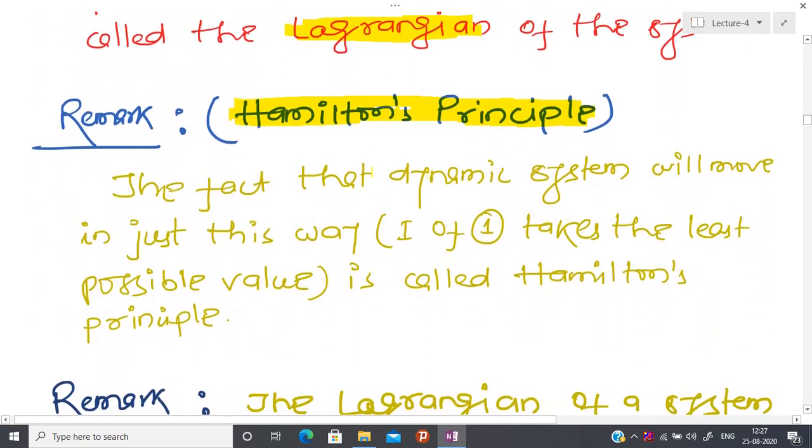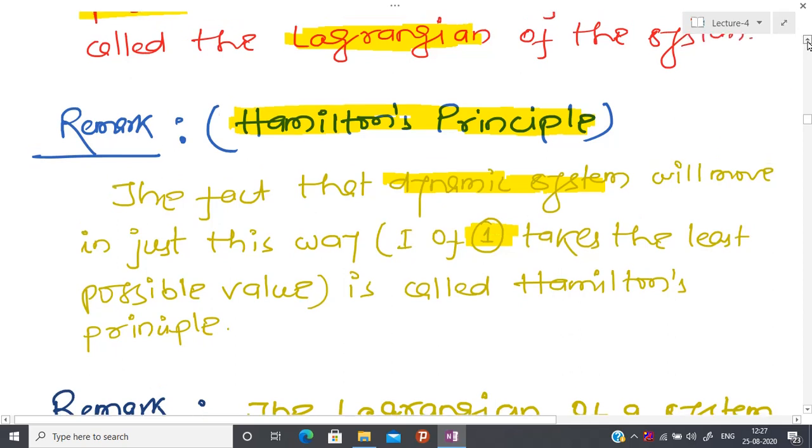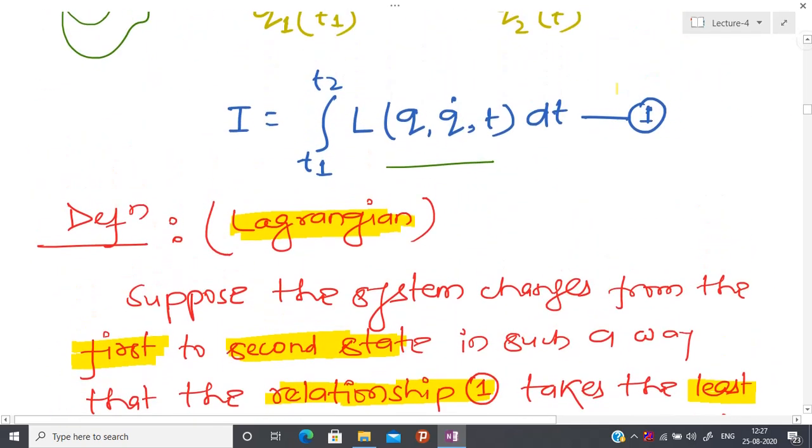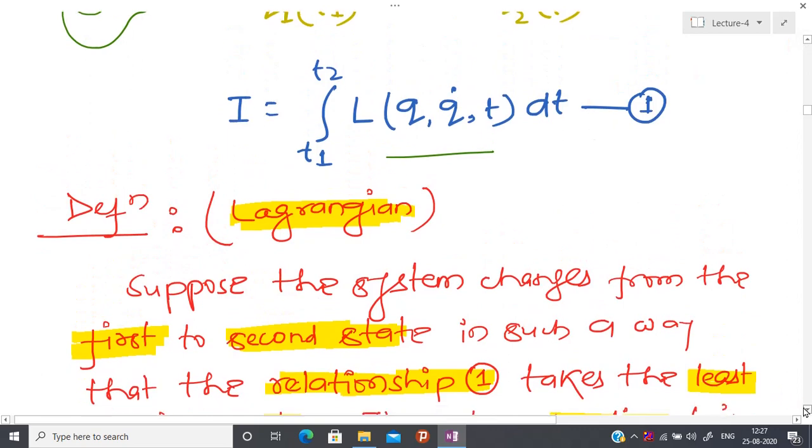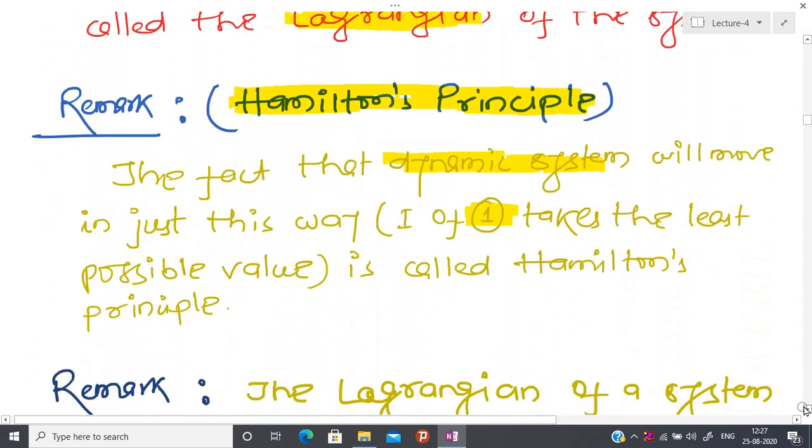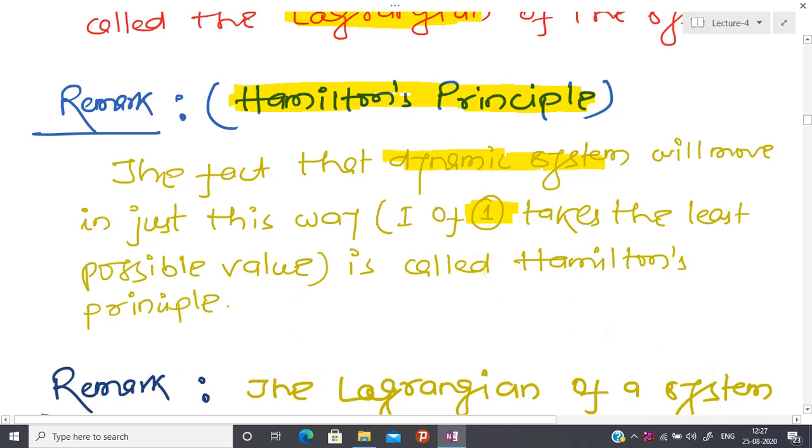And the fact that a dynamic system will move in just this way, such that this integral relation takes the least possible value, is called the Hamiltonian principle. So the principle is called Hamiltonian, but L is called the Lagrangian.